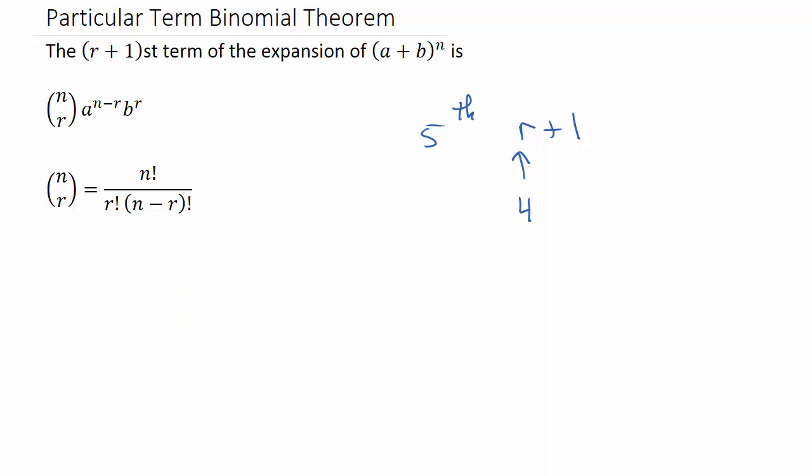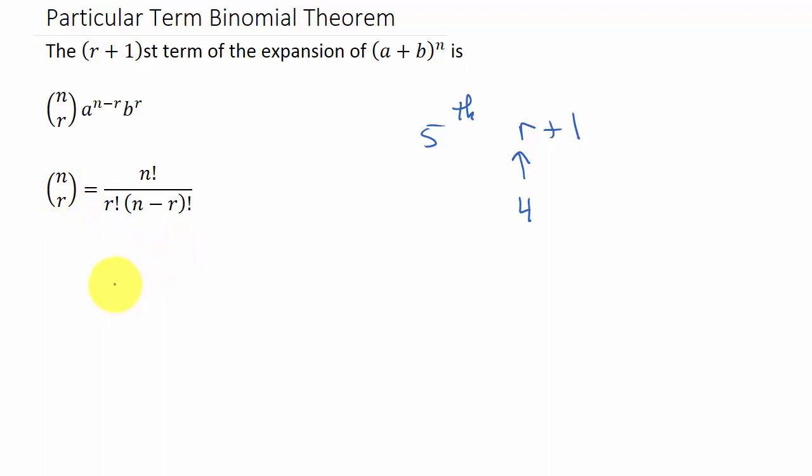All right, now this combination n choose r. Here's the formula. Combination n choose r is equal to n factorial over r factorial times n minus r factorial. Let me just explain what factorial is, and I'll do the calculation of the combination when I'm working the problem.